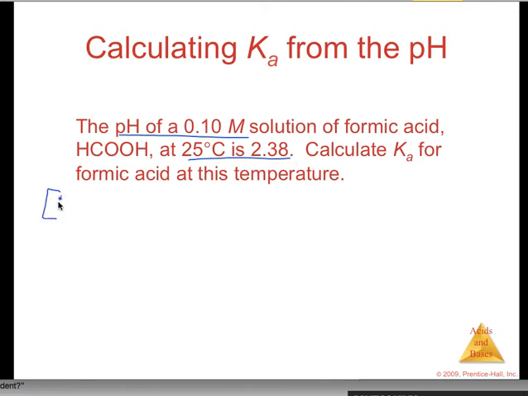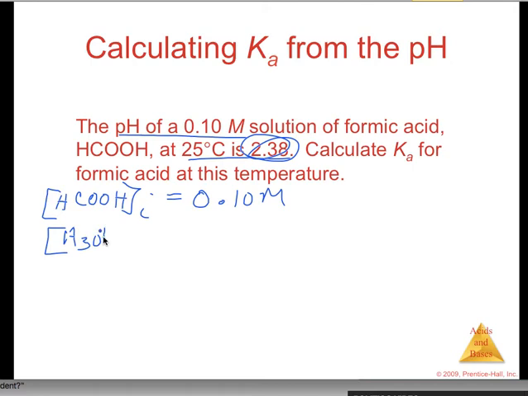The initial concentration of your COOH is equal to the molarity given, 0.10 molar in this case. This pH is the hydronium concentration at equilibrium.